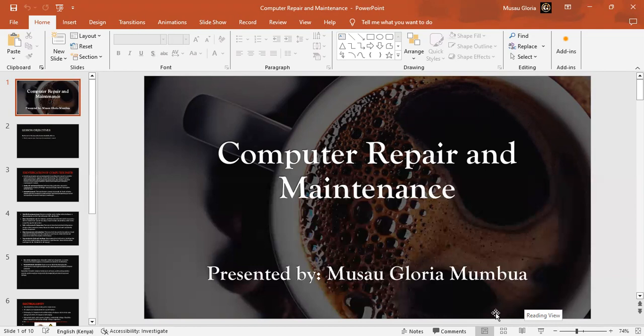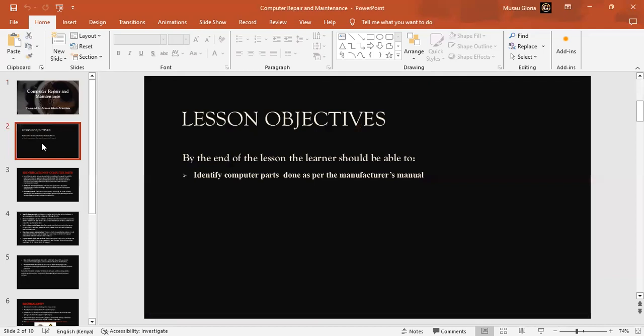Today we learn about computer repair and maintenance. My name is Madam Saul Gloria, and the lesson objective for today is identification of computer parts as per the manufacturer's manual.